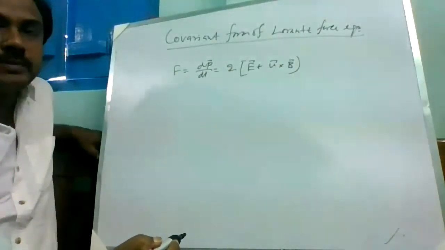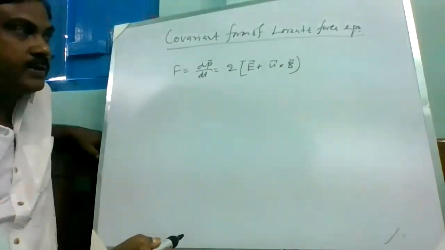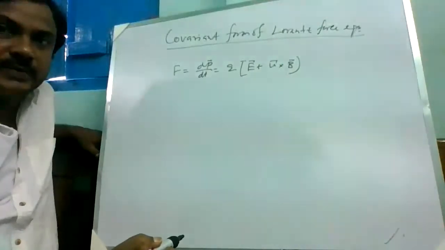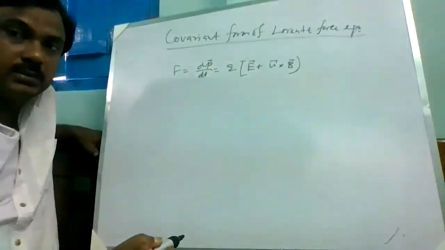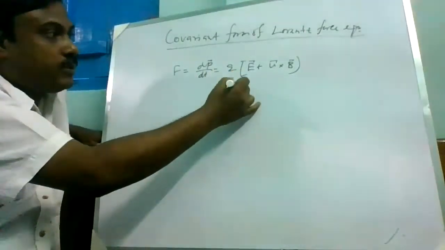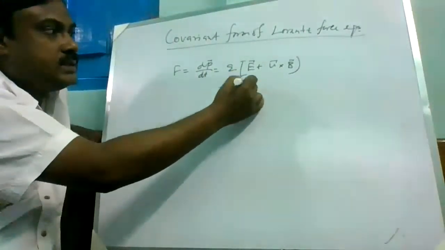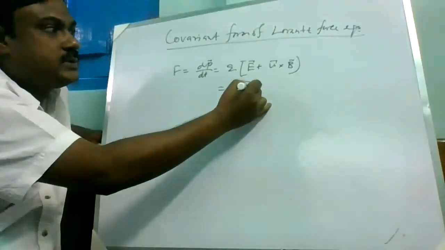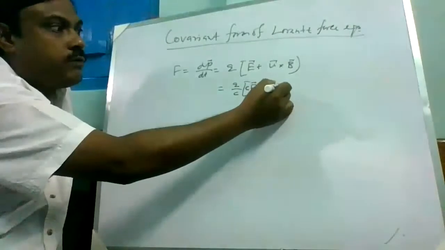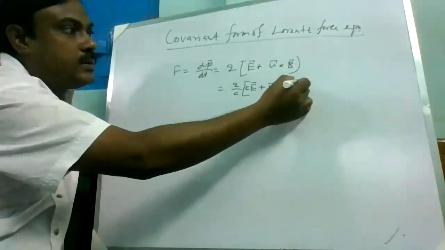Now, since we have derived the electric field and magnetic field in such a way that the electric field is E and the magnetic field is CB, we are just modifying the equation by multiplying Q by C: QC times (E plus U cross CB), right?